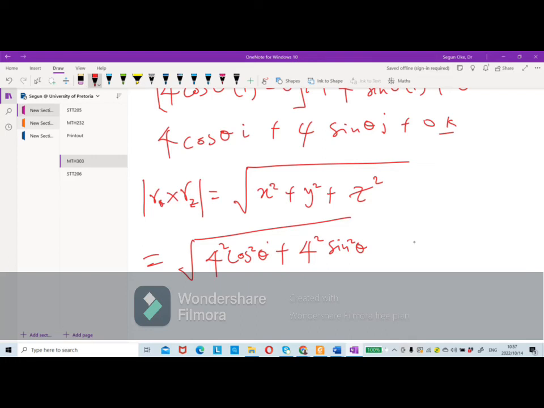Something is common to them: 4 squared is common. Then we can write cos squared theta plus sin squared theta, which equals 1. So which means I have square root of 4 squared, which equals 4.